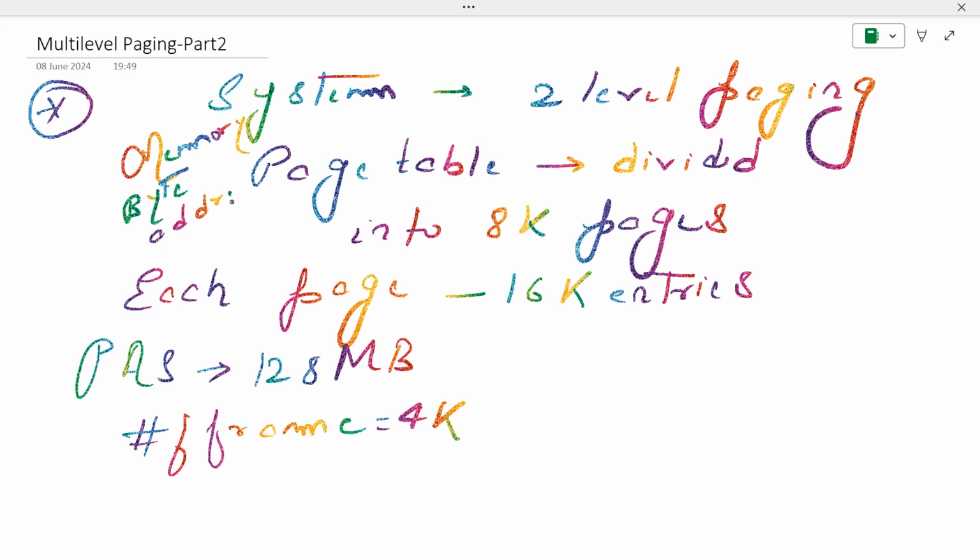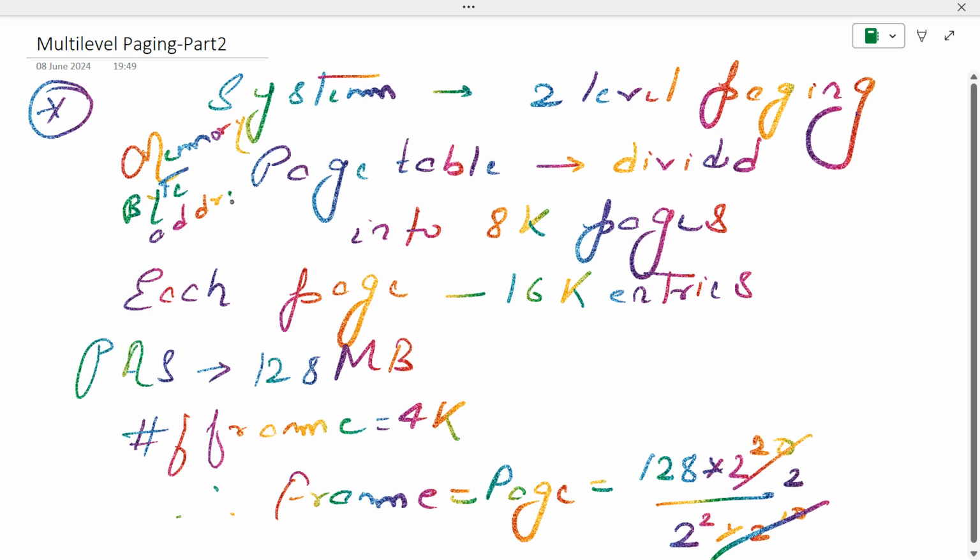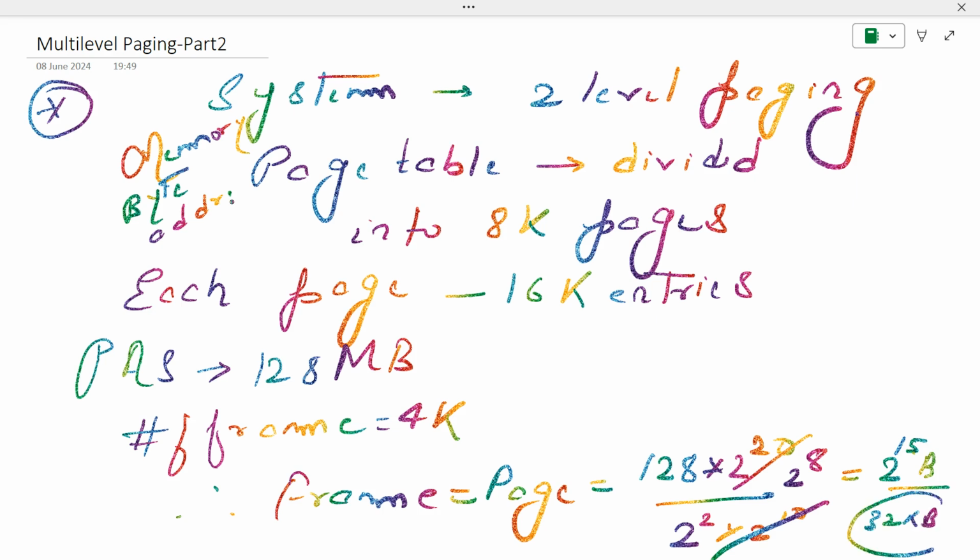So we can calculate that the frame size, that is equal to the page size, is 128 into 2 to the power 20 upon 2 raised to the power 2 into 2 raised to the power 10, that is 2 raised to the power 15. So the page or frame size is 2 raised to the power 15 bytes, that is 32 KB. So we have got the page size.